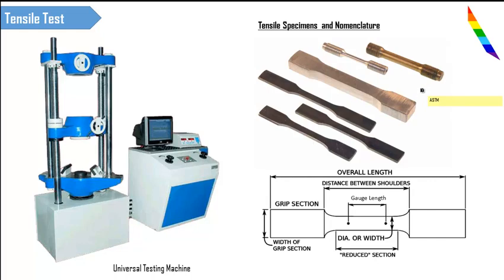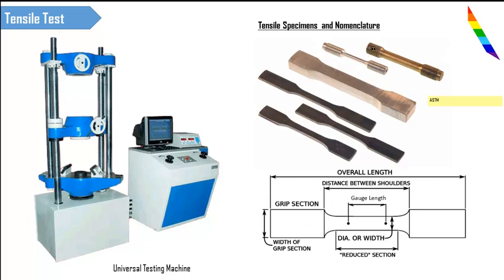Now let us discuss in detail the nomenclature of the specimens. The total length of the specimen is called the overall length. On either side it has a grip section. This portion goes into the chuck, so proper gripping should be there. You can see the round specimen has a threaded portion on the grip section.